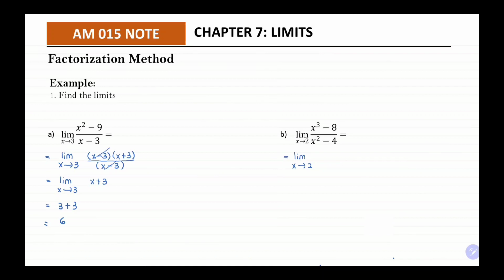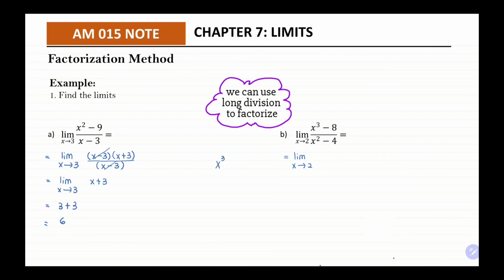Since you already learned about long division, we use long division to solve this one. So we take x cubed minus 8 divided by x minus 2, since we know 2 is a zero of x cubed minus 8.